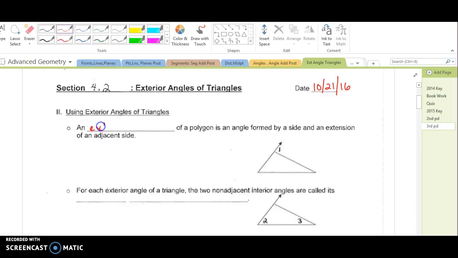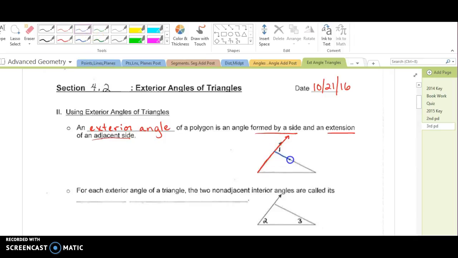So an exterior angle of any polygon, it doesn't have to be a triangle specifically, is formed by two things. It's formed by a side and an extension of a side. So if I take this side of the triangle and I extend it out, that's going to be my extension.